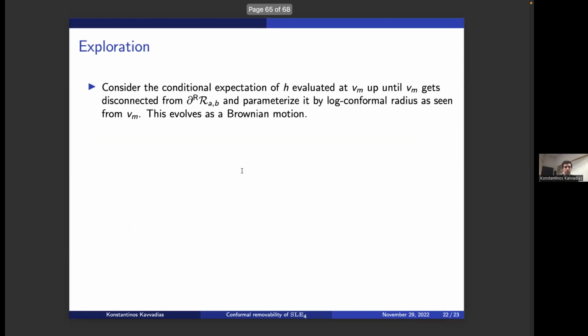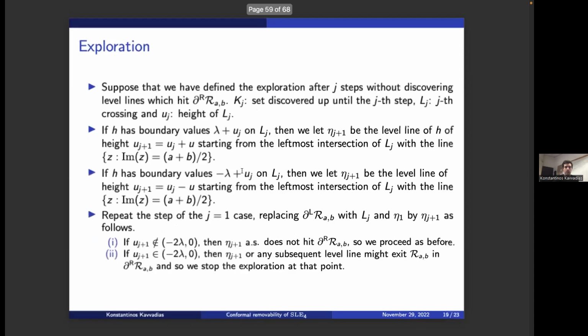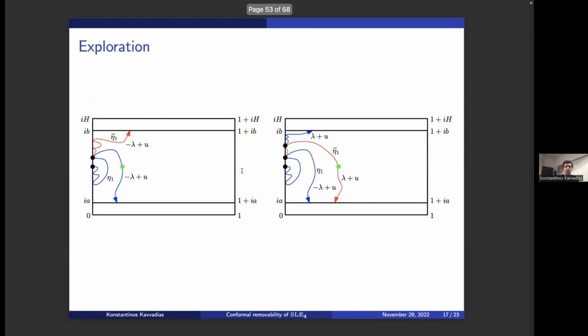Let me finish with this remark. It's exactly the same argument here that shows that eventually the first stage of exploration is completed. Again, we divide the middle line here by points with very, very small spacing. And then we consider the corresponding harmonic function evaluated at those points. Then again, if we discover too many level lines here, this amounts to the Brownian motion changing values by a large amount in a relatively small time.